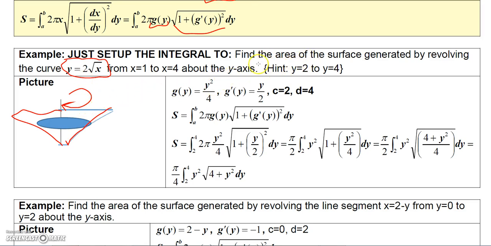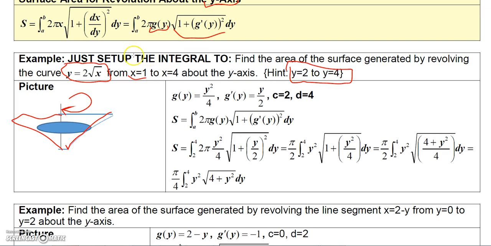Now, I gave you a hint here. If x is 1, you can plug the 1 in here and get y equals 2, and if x is 4, you can plug 4 in here and get y equals 4. So remember, I told you you needed y values, so going from x equals 1 to 4 would be equivalent to going from y equals 2 to 4.